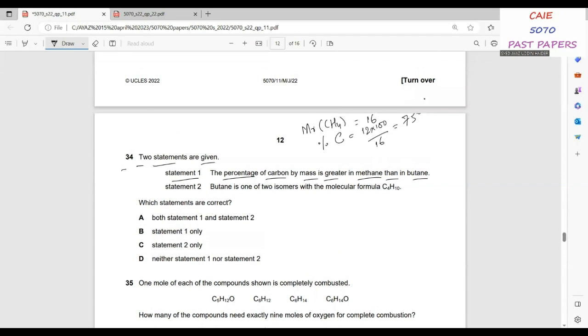MR of butane. The formula of butane is C4H10. We have 4 carbon atoms, so 4 multiplied by 12, where 12 is the AR of carbon. We'll get 48. 48 plus 10 is 58.